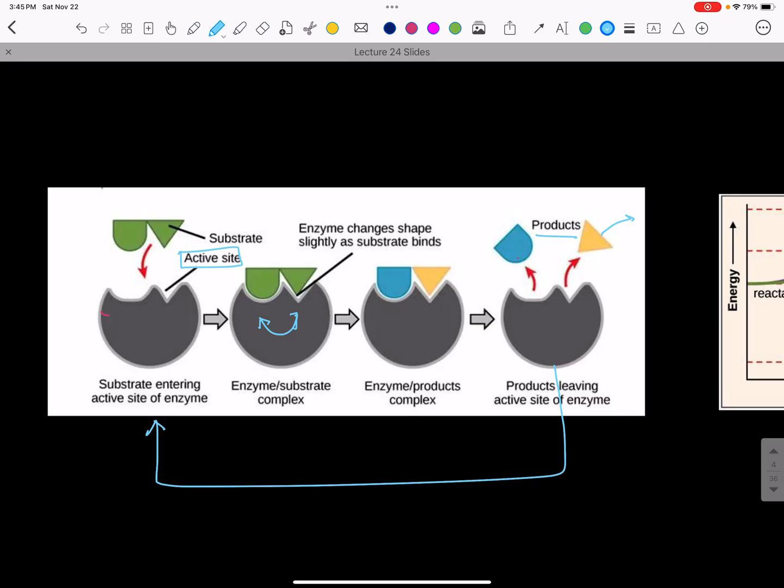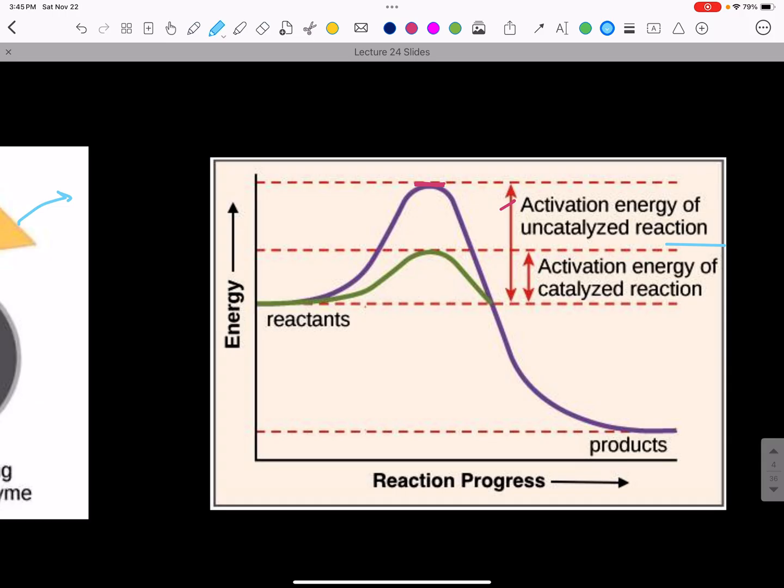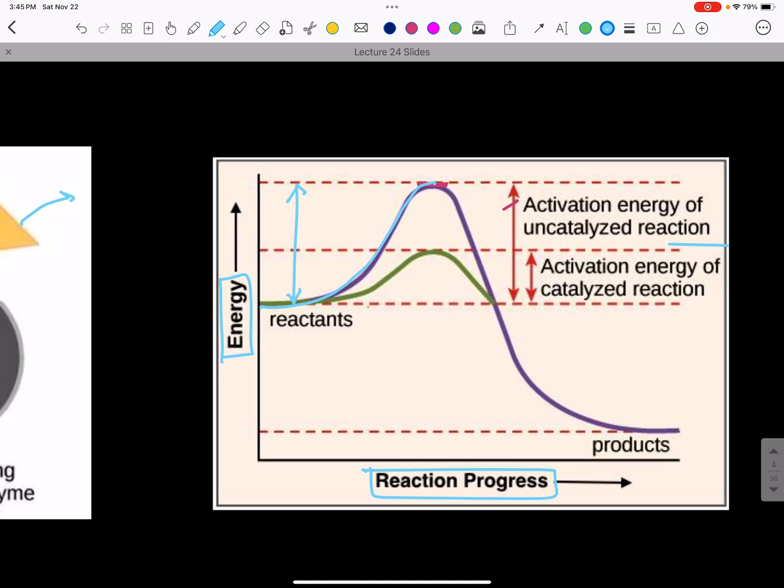The way the enzymes work is by reducing the activation energy. If you look at this diagram here where we have plotted energy on the y-axis and the reaction progress on the x-axis, if we have an uncatalyzed reaction, you can see that the uphill is much steeper, meaning the activation energy is going to be much higher in an uncatalyzed reaction.